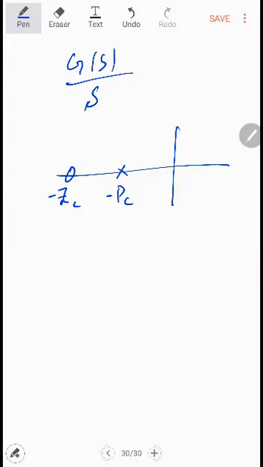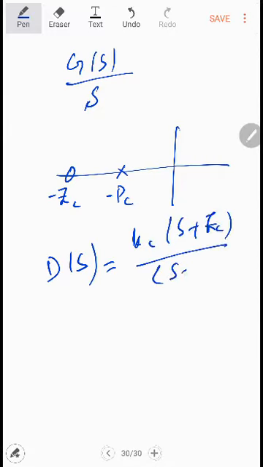That is why we consider the 0, but it should be near to this pole. This is the design transfer function of the controller, which is equal to Kc times s plus Zc over s plus Pc. If Zc and Pc are close enough to each other, they can cancel each other.